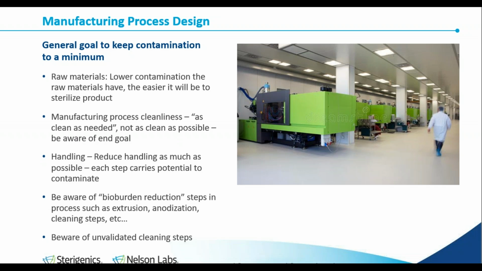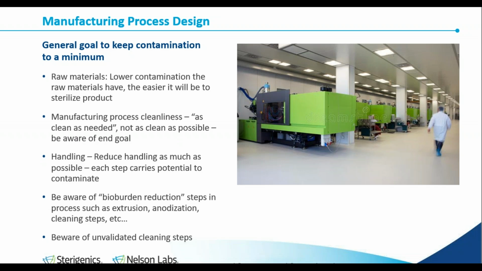One is to be aware that there are some steps in the process, particularly if we're talking delivery systems, that may have bioburden reduction inherent in them, making it so that prior to those steps you don't have to have quite as clean a process.